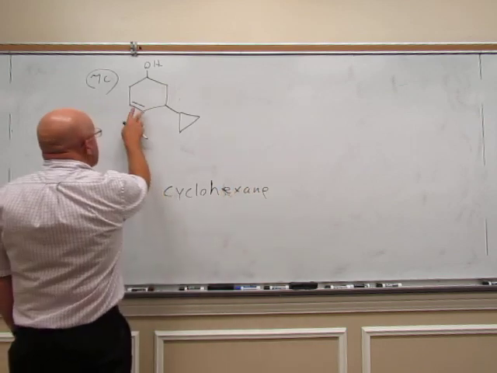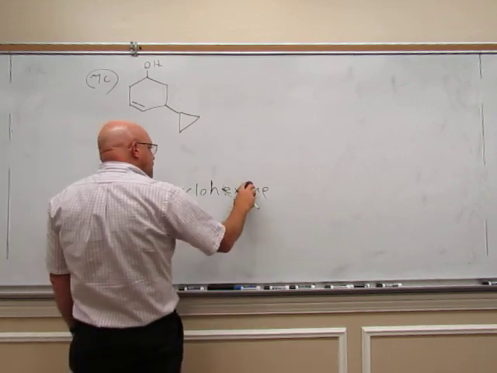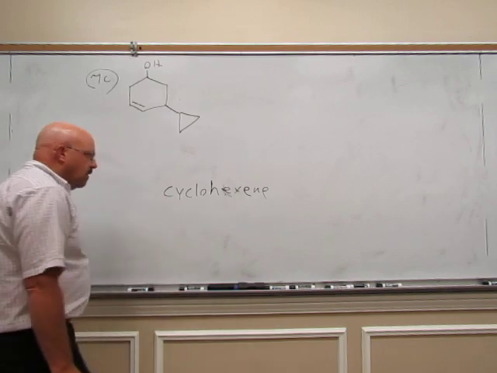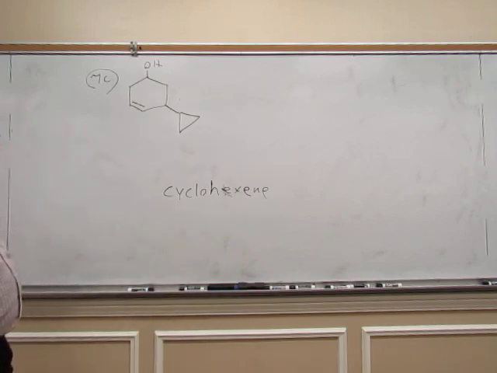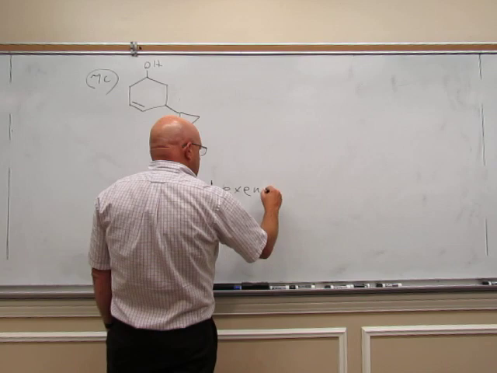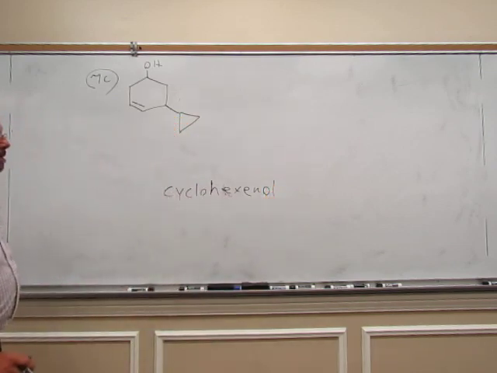It's an alkene. It's got a double bond. So we change our ending from A and E to E and E. So it's a cyclohexene. Well, not only is it a cyclohexene, it's an alcohol. So for alcohols, you drop the final E and add OL. So this is a cyclohexenol.